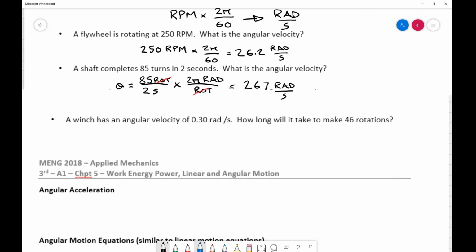A winch has an angular velocity of 0.3 radians per second. How long will it take to make 46 rotations? Omega is equal to theta upon time, which means if I rearrange that, time is going to be equal to theta upon omega.